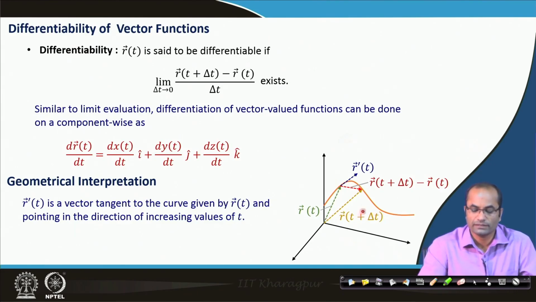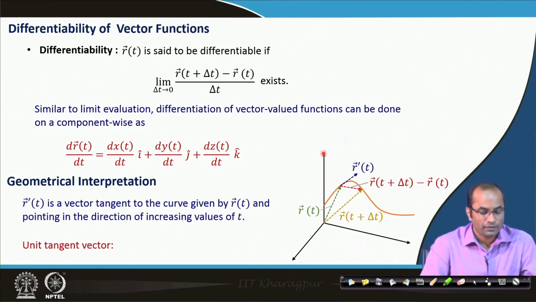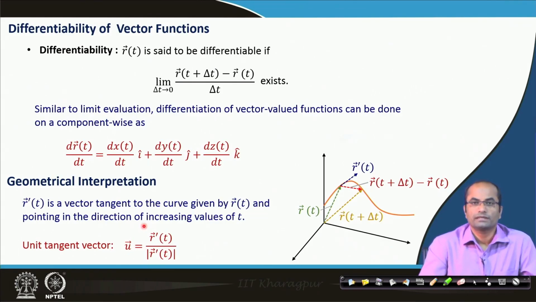When we have an increment in delta t, we are moving in this direction, and as delta t approaches 0, this becomes the tangent vector. With the help of the derivative, we can easily get the unit tangent vector: we divide by the magnitude of this vector to get the unit tangent vector of a curve at a point P.